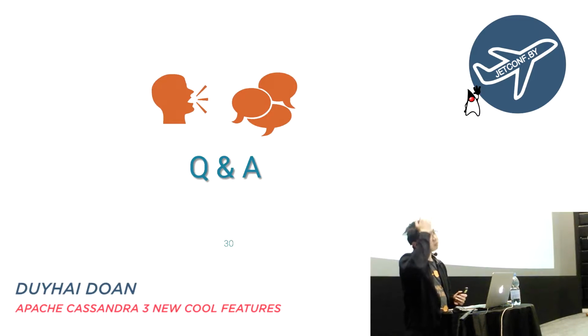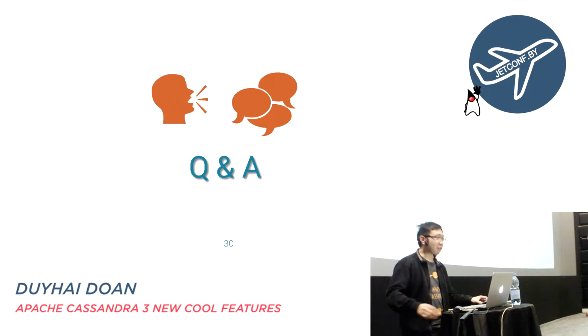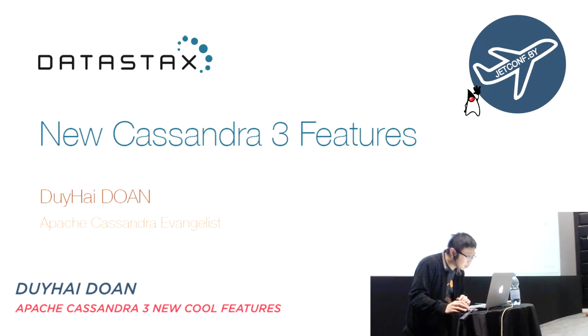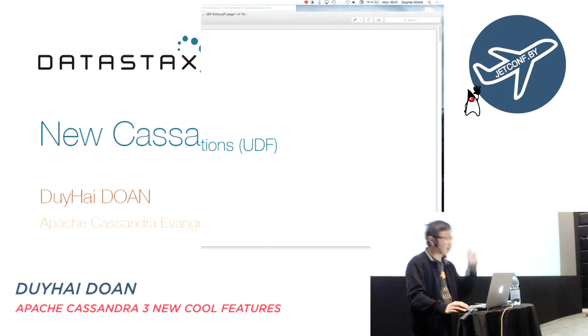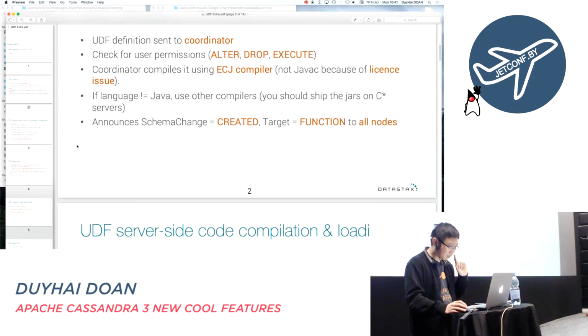Do user-defined functions share a class loader with the main Cassandra instance, or are they isolated? Aha, excellent question. I have a slide for you. Extra UDF. I know that some people are going to ask.